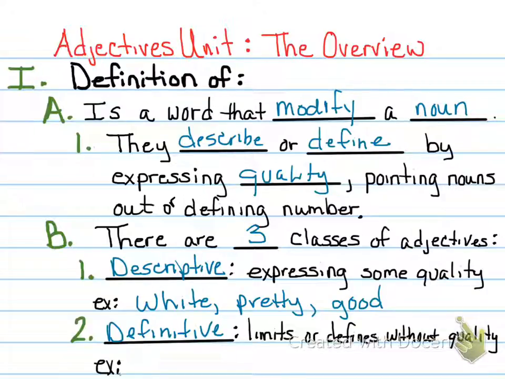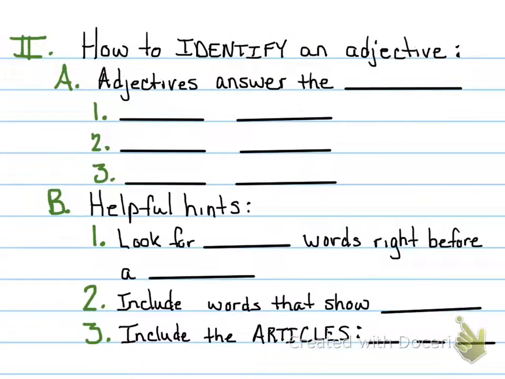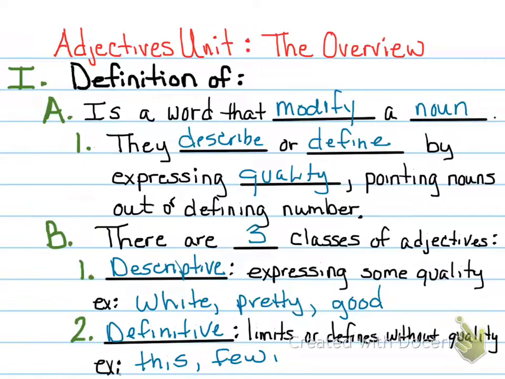So it might be words like, you know, like I said, this dog, or few groceries, or things like that. And the third that I didn't list here, so let's grab that real quick, are the article adjectives. And those are a, an, and the.